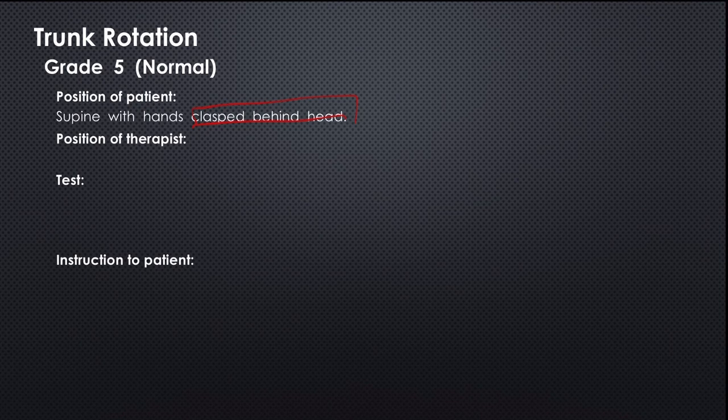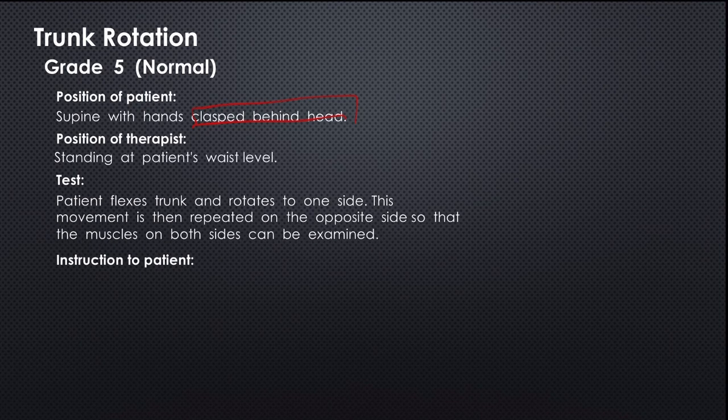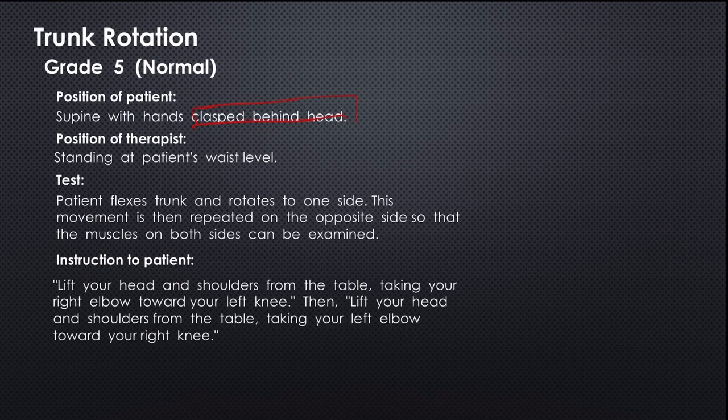Position of the therapist: standing at the patient's waist level. Then the test: the patient flexes the trunk and rotates to one side. This movement is then repeated on the opposite side so that the muscles on both sides can be examined. Instruction to your patient: lift your head and shoulders from the table, taking your right elbow towards your left knee.